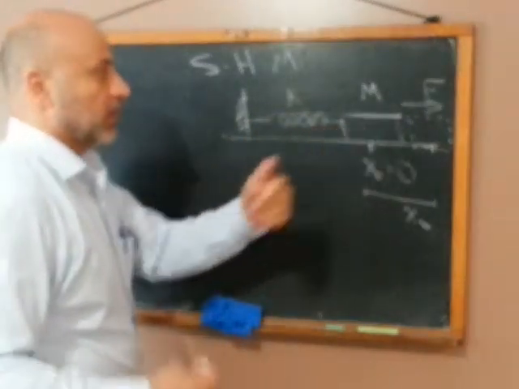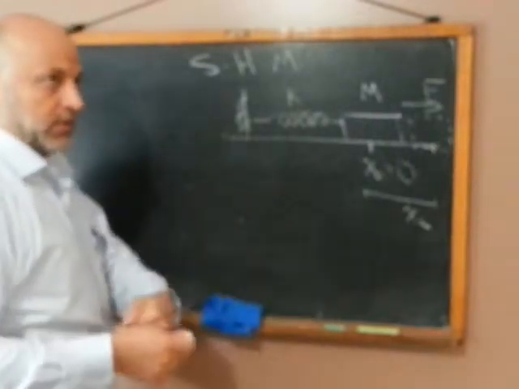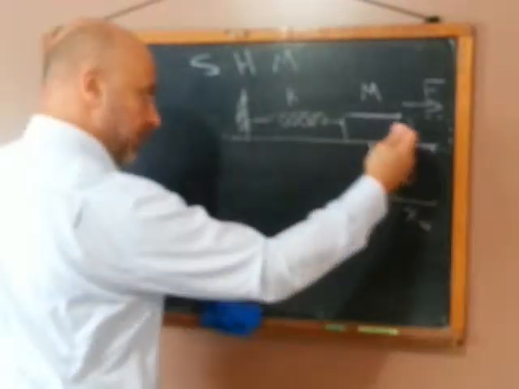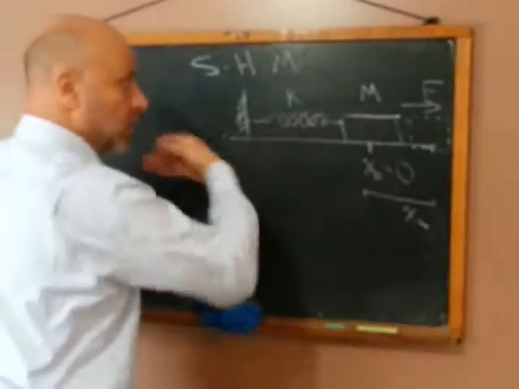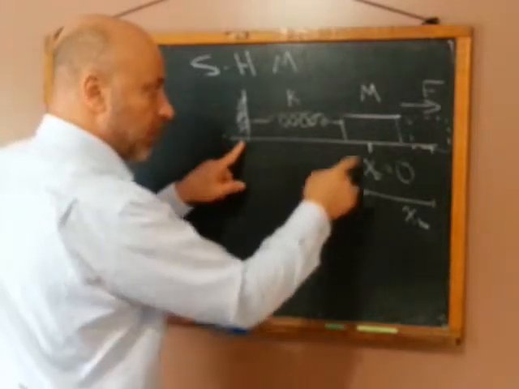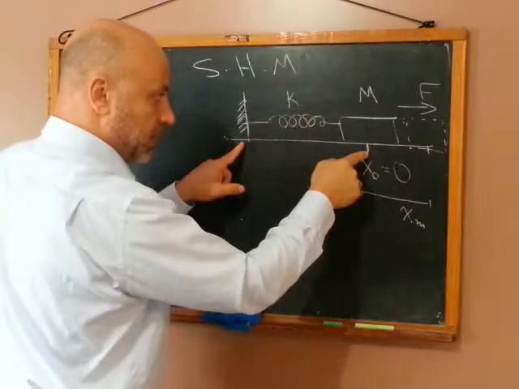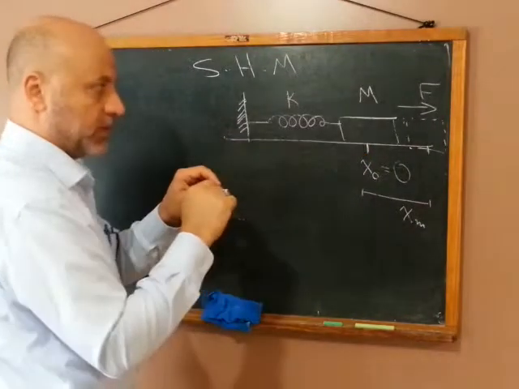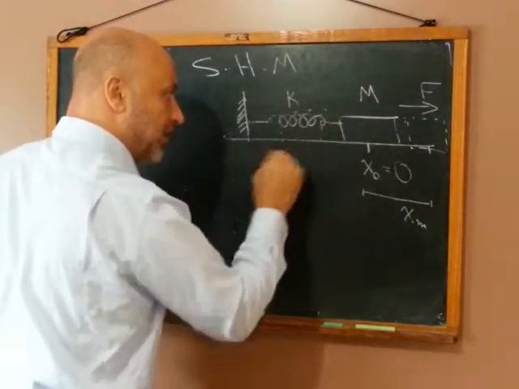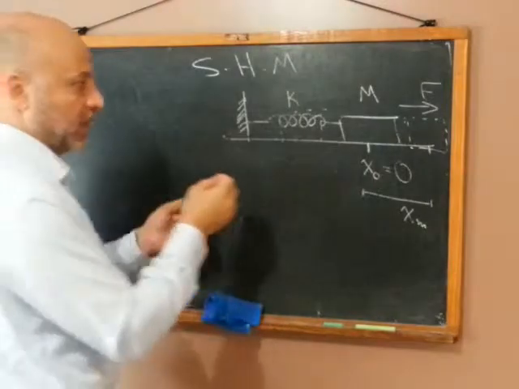And then with the inertia, Newton's first law, the object is going to continue moving away from the equilibrium point. And then it's going to reach the farthest place on the negative side.